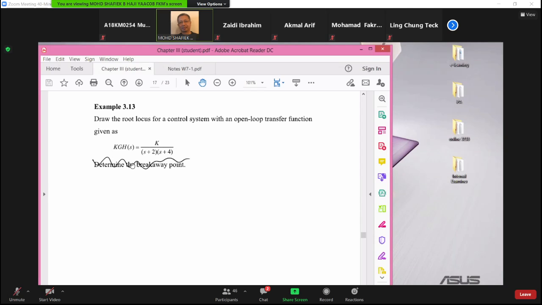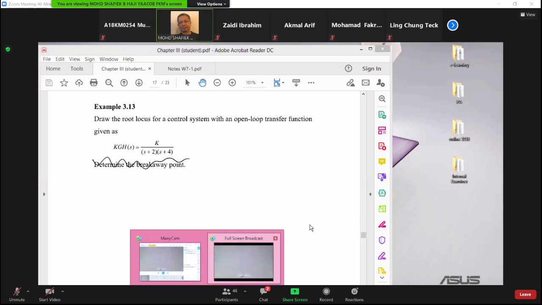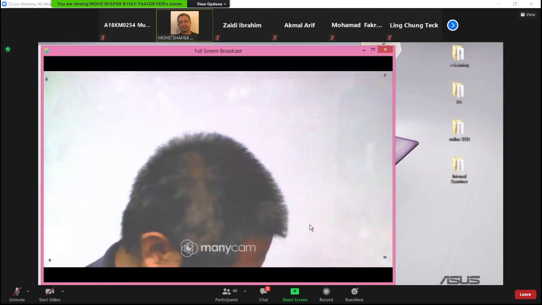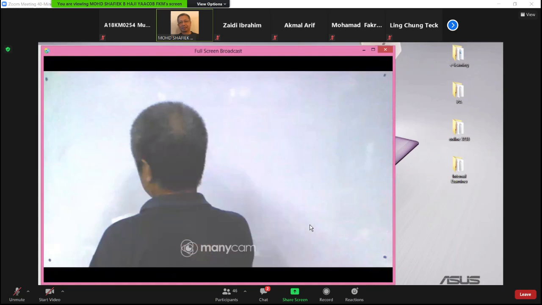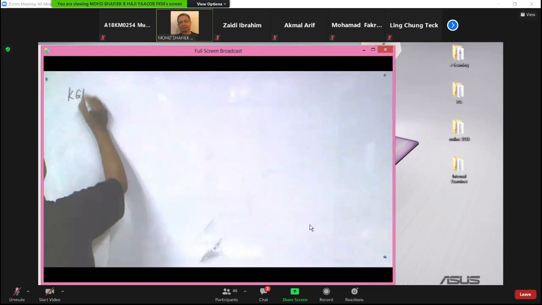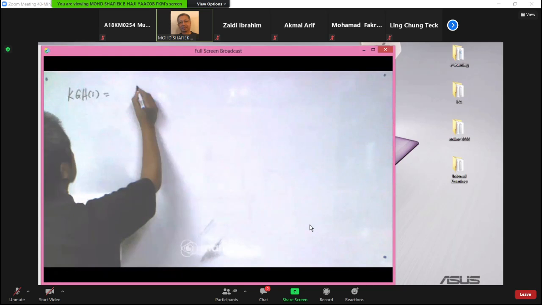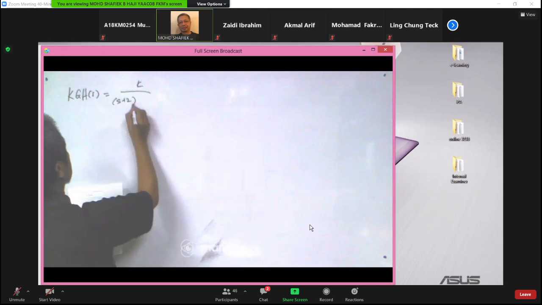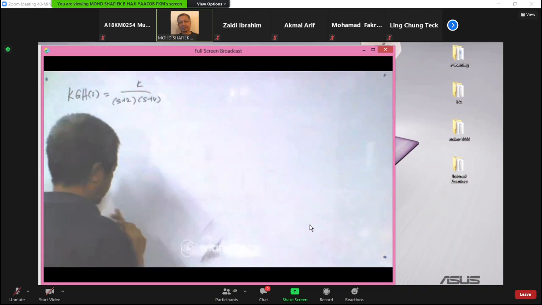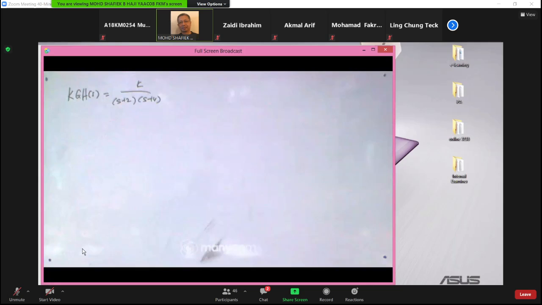Now I'm going to go to my whiteboard. Okay, so we are given this open loop transfer function.